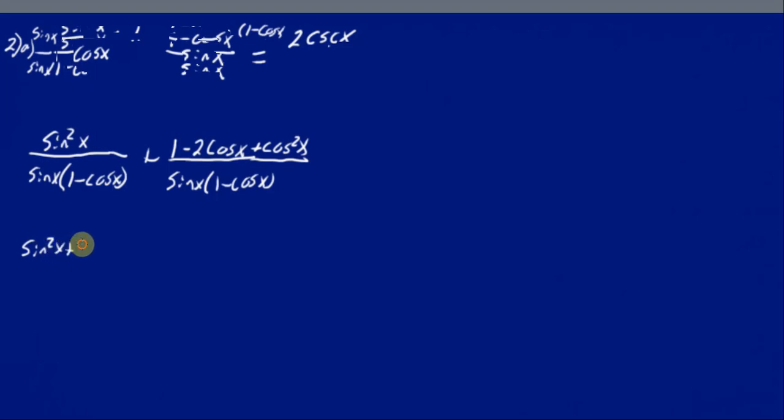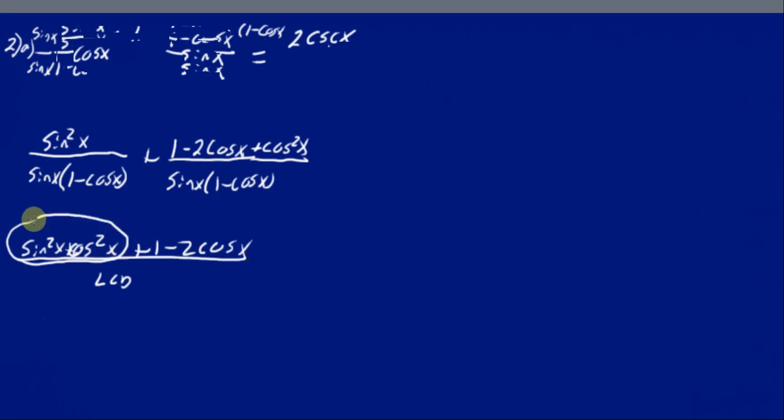Sine squared of x plus cosine squared of x plus 1 minus 2 cosine x all over, let's just go LCD for now, sine x times 1 minus cosine x. Sine squared of x plus cosine squared of x is the Pythagorean identity, so it's 1 plus 1 minus 2 cosine x all over my LCD.